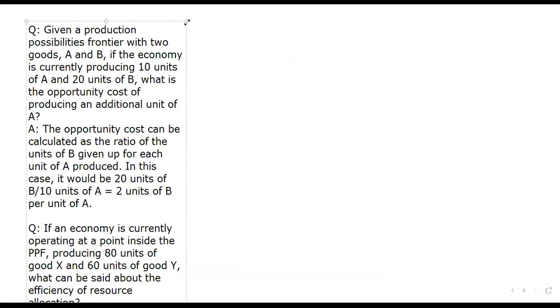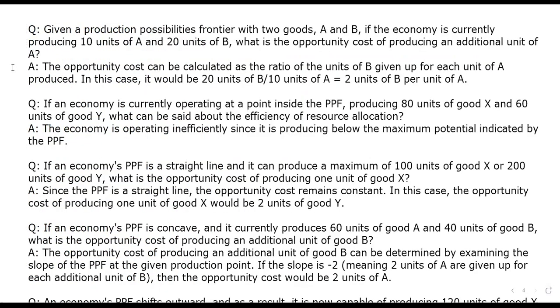Number one, we would be told: given the possibilities on the frontier with two goods A and B, if the economy is currently producing 10 units of A and 20 units of B, what is the opportunity cost of producing an additional unit of A?